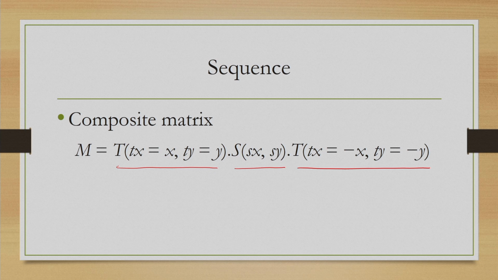So, our composite matrix will be a multiplication of these three matrices T, S and T. Let us call them T1, T2. We multiply to get the composite matrix representing scaling with respect to any point other than origin.